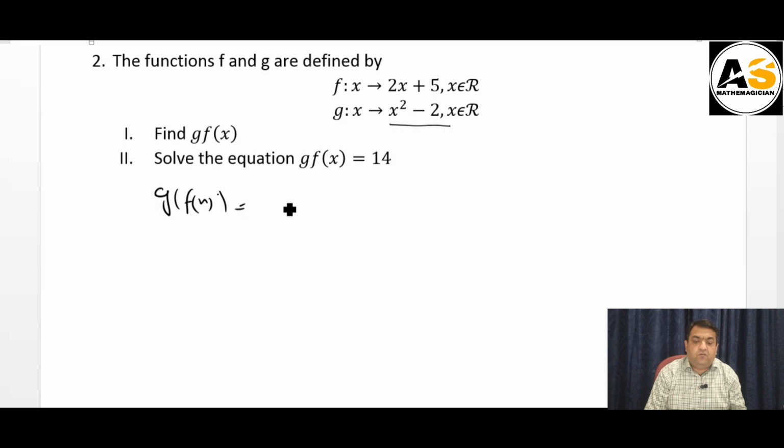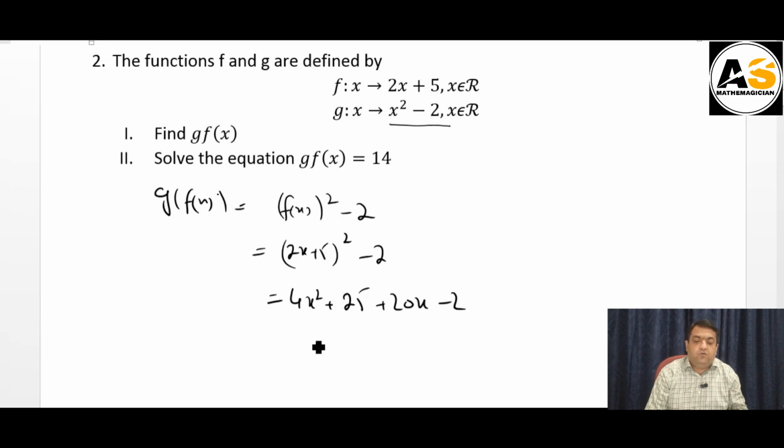This is f of x square minus 2. What is f of x? 2x plus 5 square minus 2. By simplifying, 4x square plus 25 plus 20x minus 2, or 4x square plus 20x plus 23. This is g of f of x.